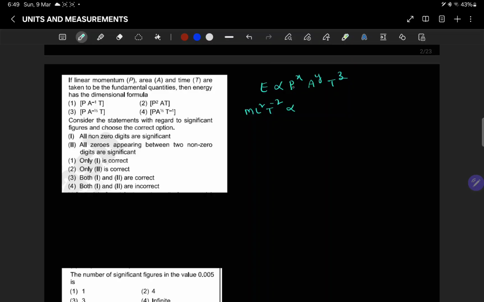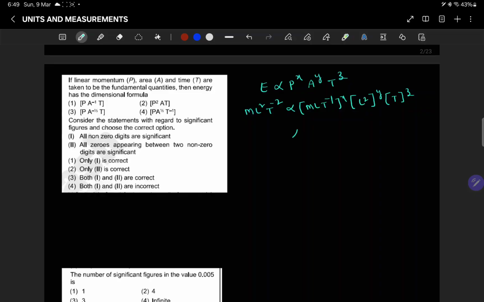Momentum dimensional formula is mass into velocity, so M L T power minus 1, to the power X. A is area of cross section, L square to the power Y, and time T to the power of Z.